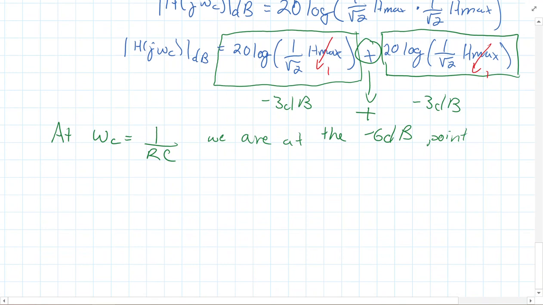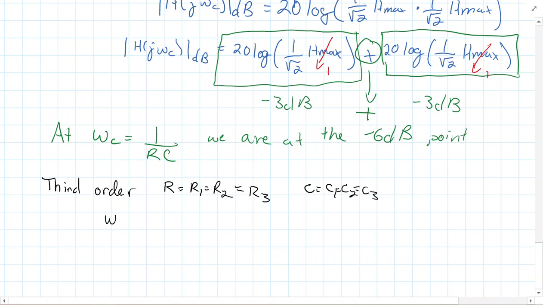Okay, well, now we could extend this. So what do I mean by extend this? Well, for a third order, as long as you let R equaling R1 equaling R2 equaling R3 and C equaling C1, C2, C3, that they're all equal, you would still wind up with omega c equaling 1 over RC.